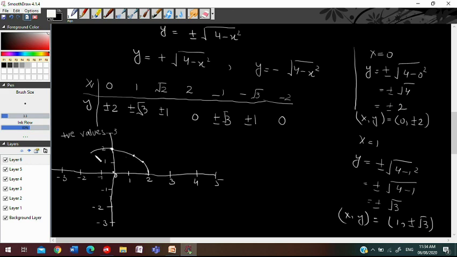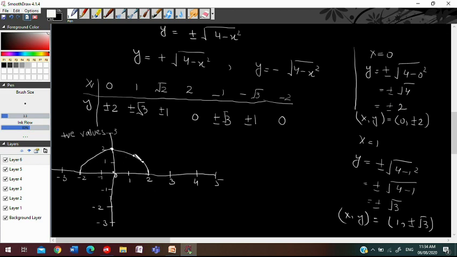And for other values we are going to this -2. From -2 we are passing through. Actually on this board it's very difficult to draw these graphs, but I try my level best. Okay, now this is the upper part.